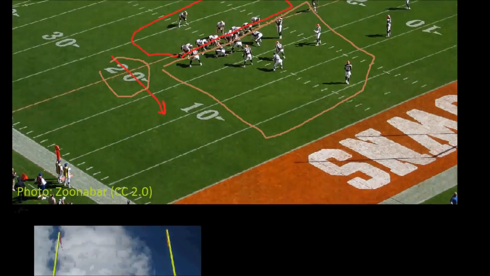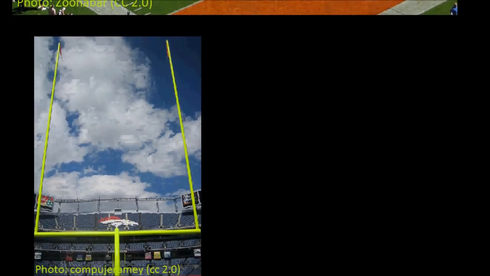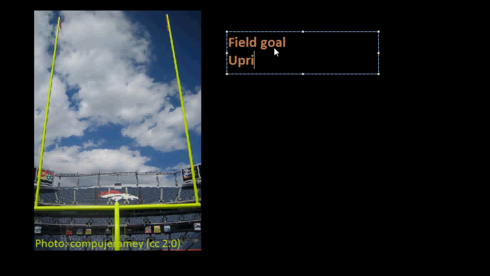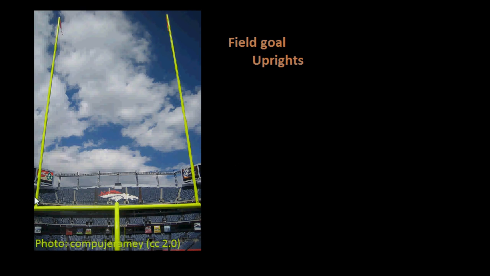And then one last thing to point out would be the field goal uprights, usually just called the uprights. I guess you wouldn't call it a field goal; a field goal is what happens when you kick the ball through it. The uprights are at the back of each end zone.